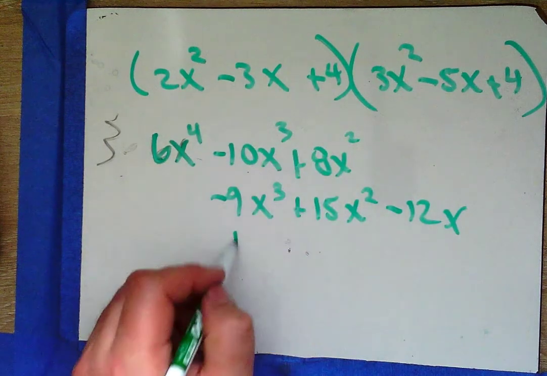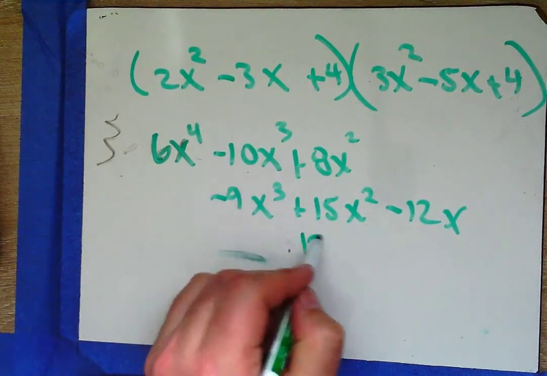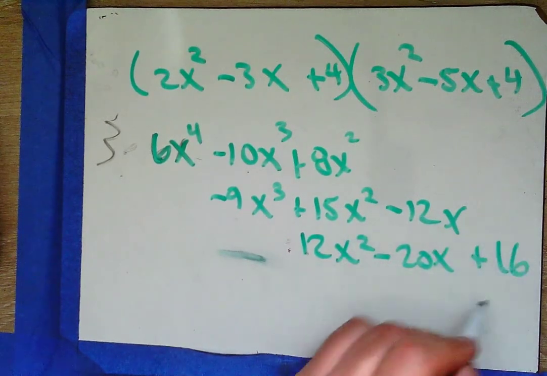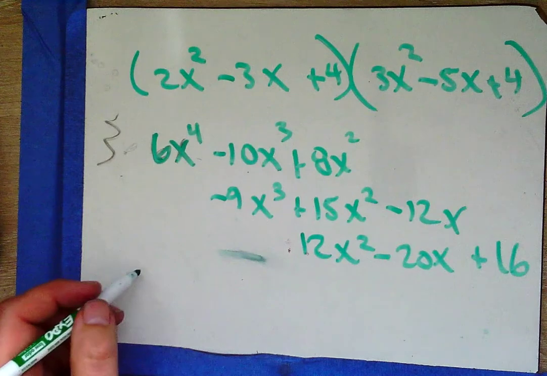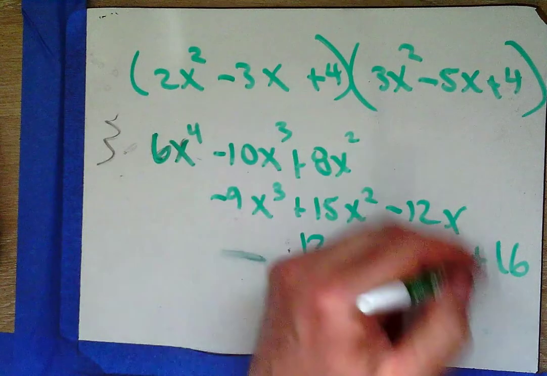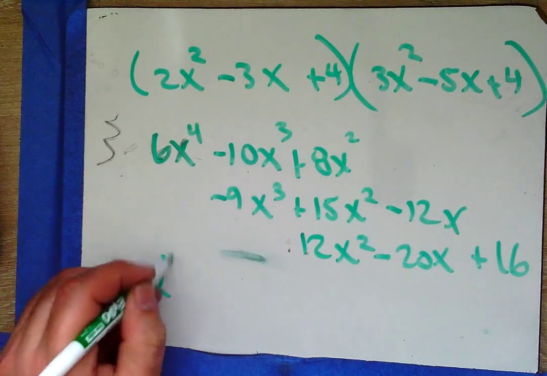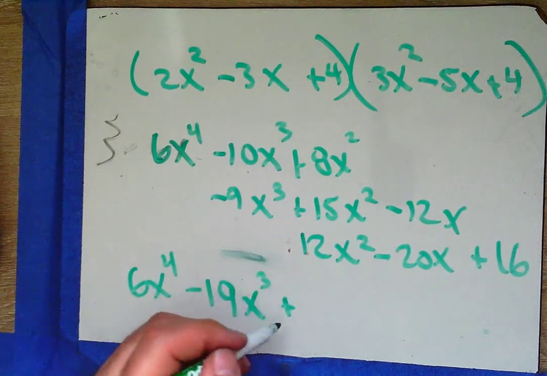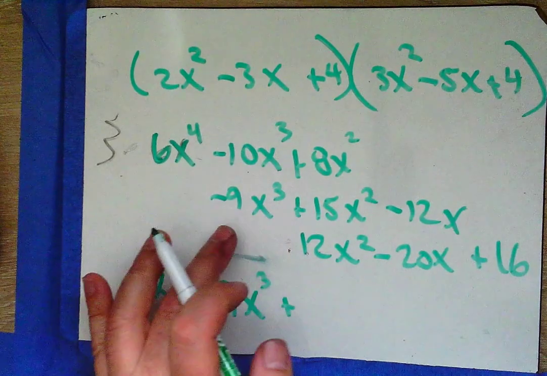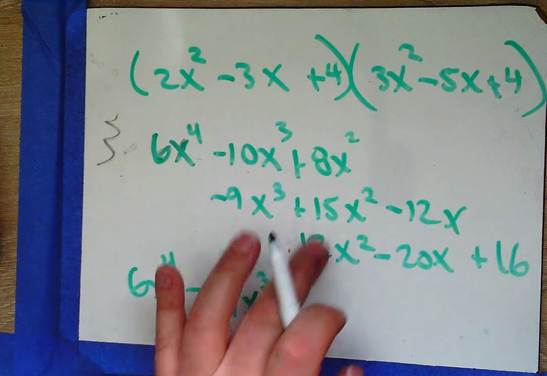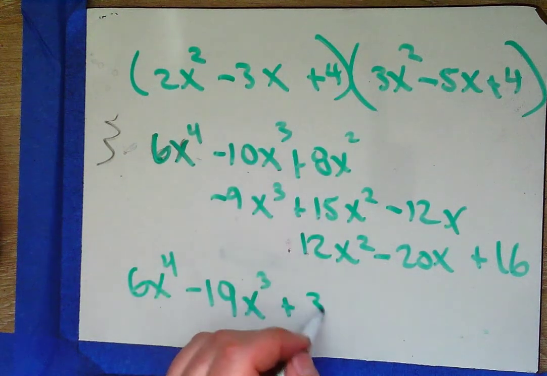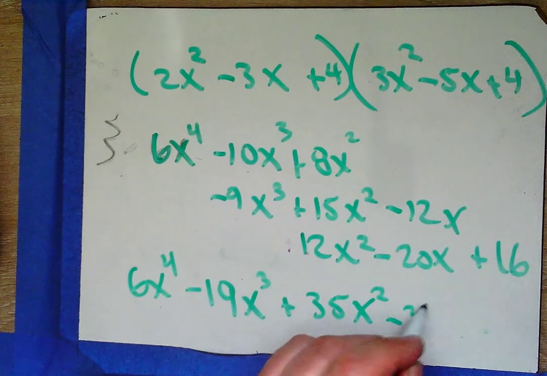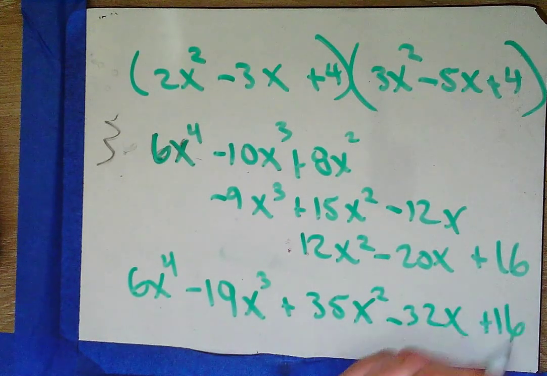And finally, 12x squared minus 20x plus 16. So if I combine like terms by adding down, I end up with 6x to the fourth minus 19x to the third plus 35x squared minus 32x plus 16.